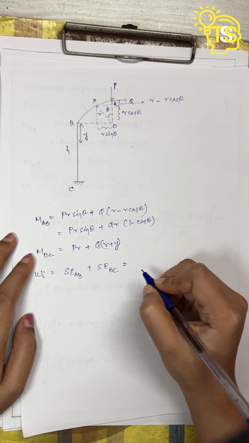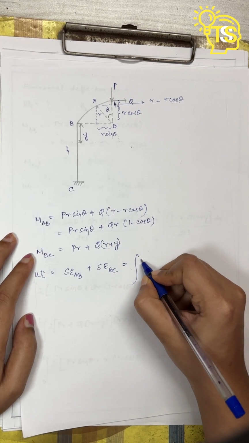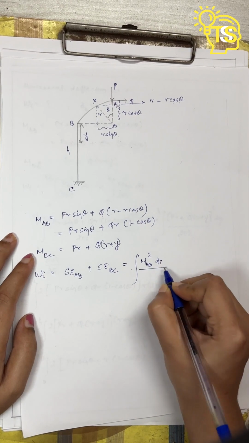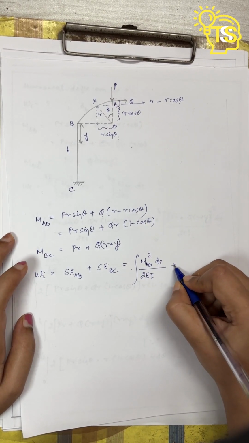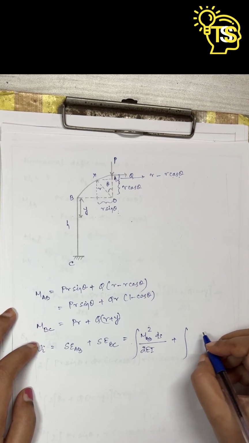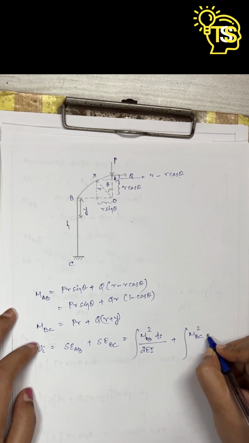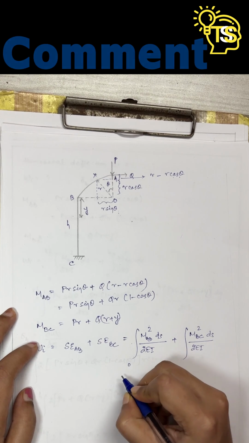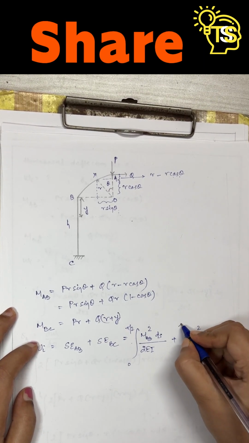The formula of strain energy for AB is moment AB squared ds upon 2EI, and for strain energy at BC, the formula will be moment at BC whole squared ds upon 2EI. Here the limit will be from 0 to pi by 2, and here the limit will be 0 to h.